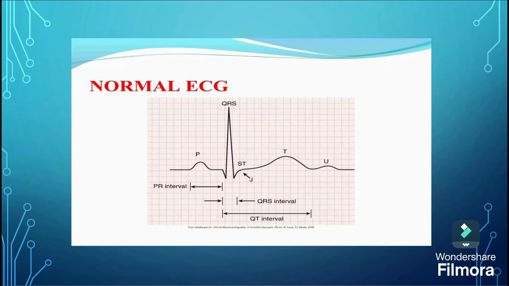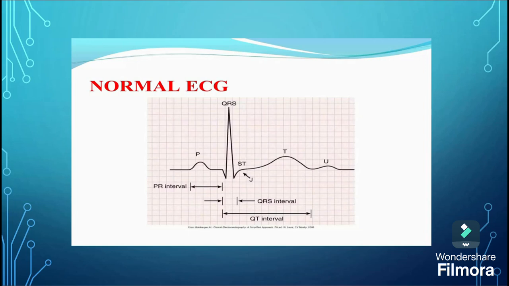So, this is a picture of a normal ECG. You can see the ECG waves. This is a P wave. This is QRS, that is the QRS complex. From S to T, this is the ST segment, and this point is called the J point. This is very important, the ST segment.